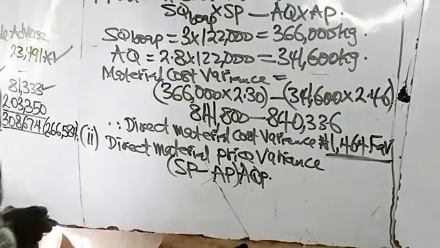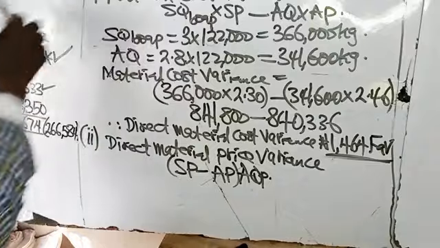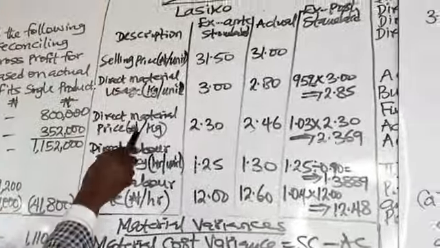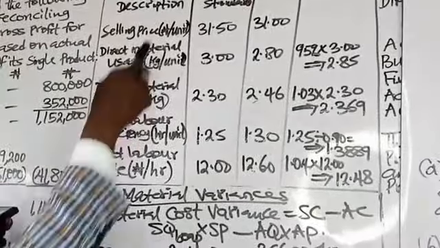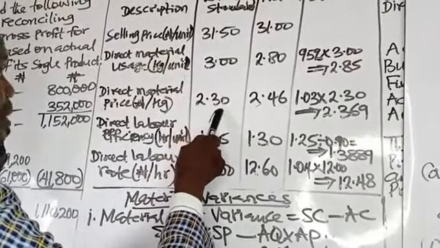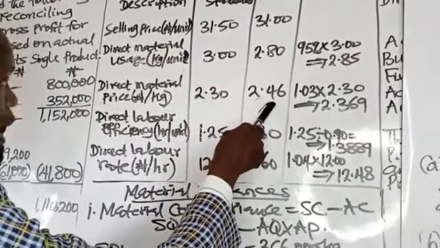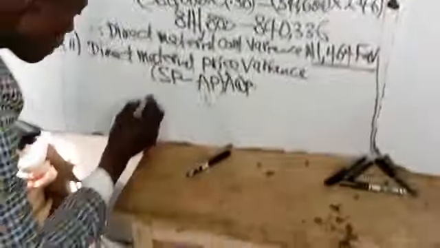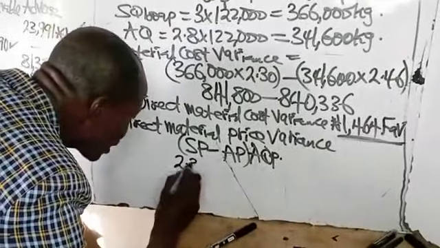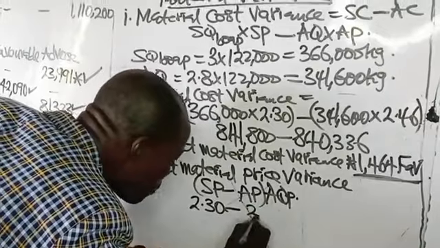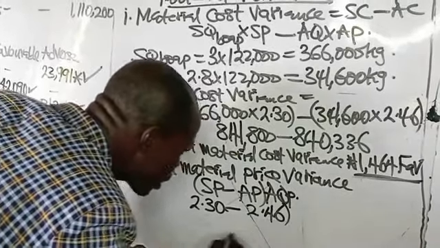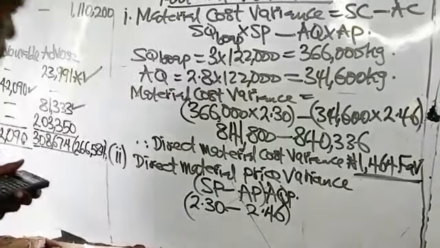The standard price from the table, direct material price, is 2.30. Actual price is 2.46. So 2.30 minus 2.46 multiplied by actual quantity purchased.